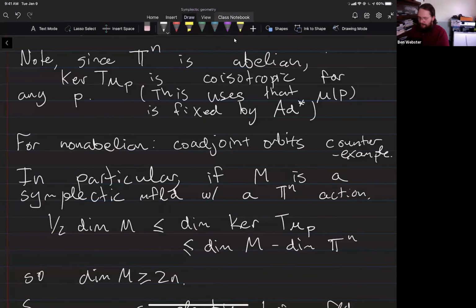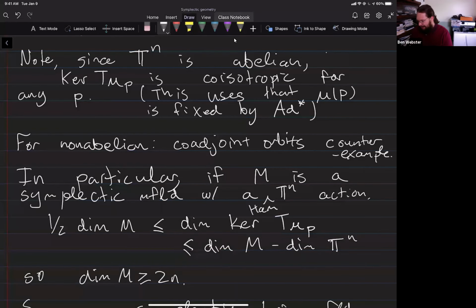Cool. So if you think through what this tells you, if you have a symplectic manifold that has a Hamiltonian T^n action, I should have added Hamiltonian here, then the dimension of the kernel of this derivative is greater than half the dimension of M, because it's coisotropic.